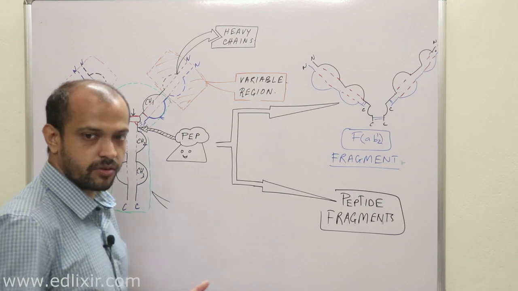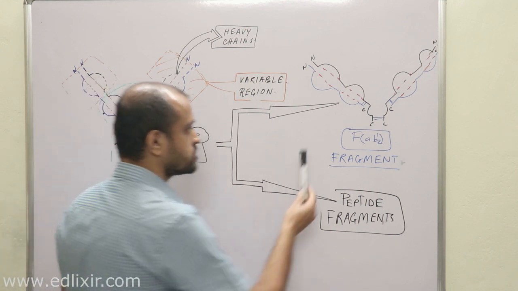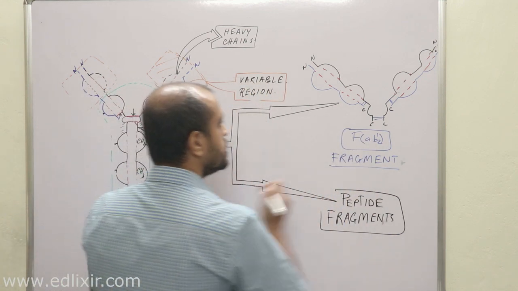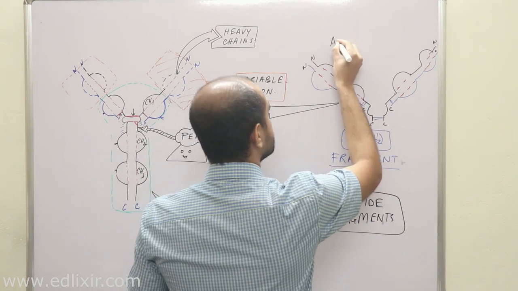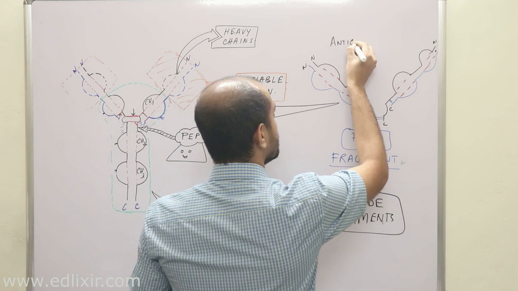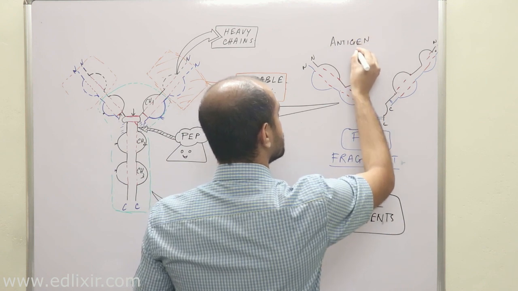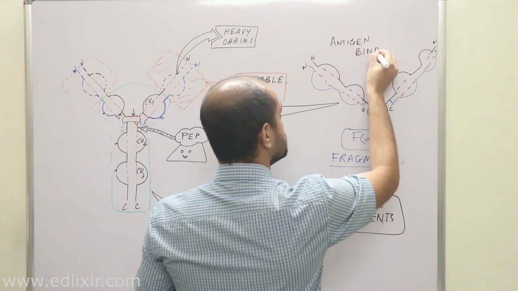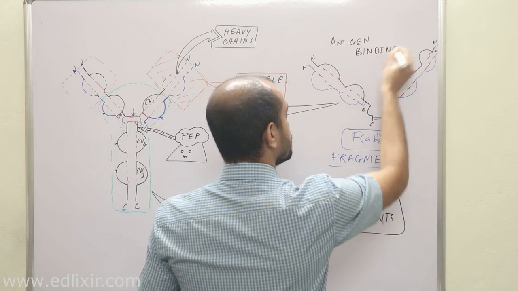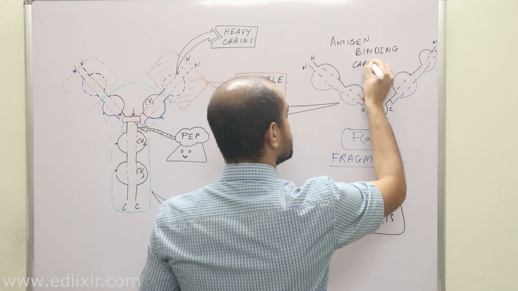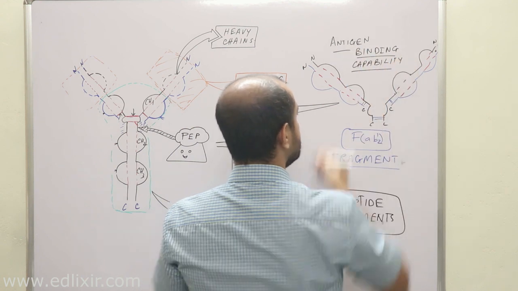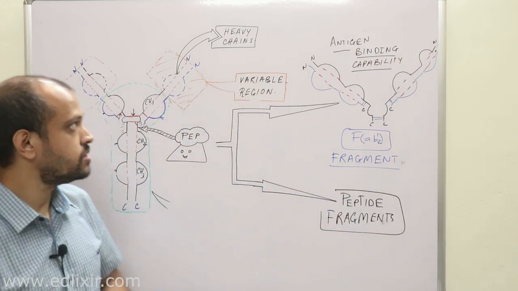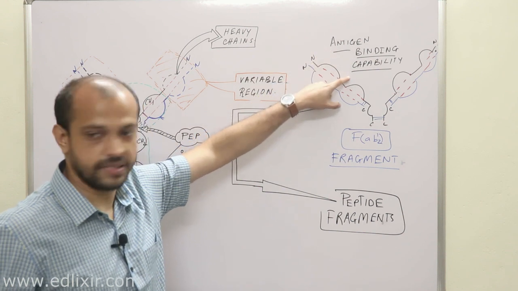A very important point you need to understand is that this portion, the F(ab')2, has antigen binding capability, or ABC, antigen binding capability.